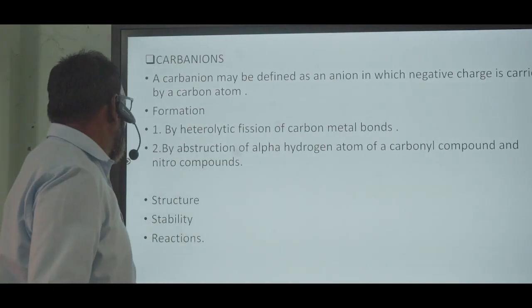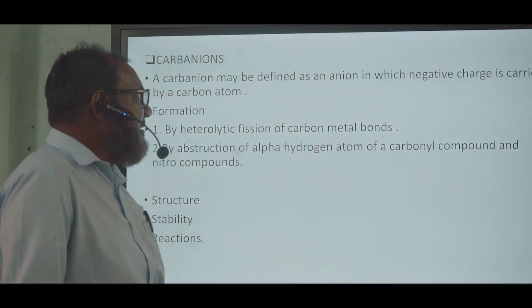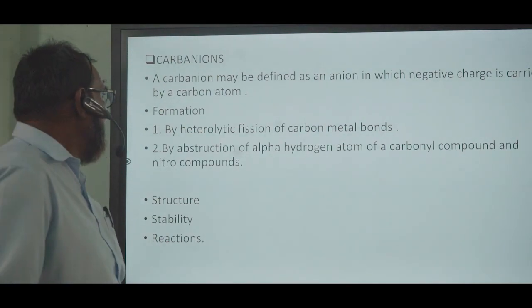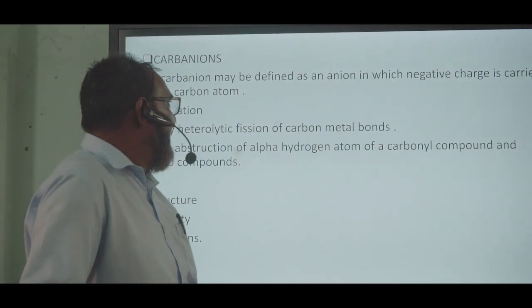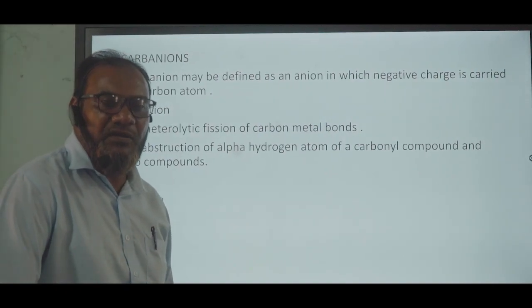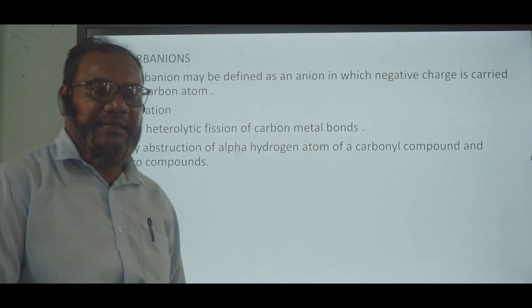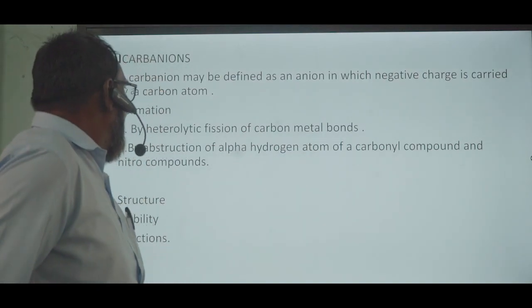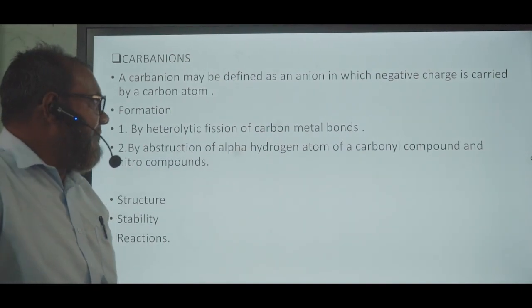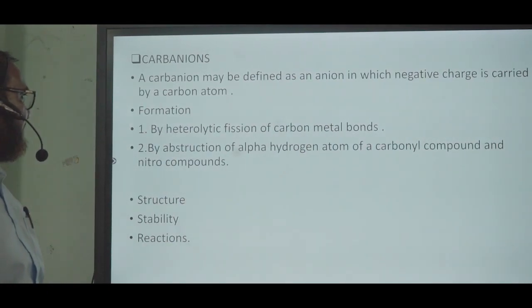Next is carbanions. Carbanions may be defined as an anion in which negative charge is carried by a carbon atom. Now, formation. This carbanion may be formed by heterolytic fission of an organometallic compound such as alkyl lithium or Grignard reagent, or from carbonyl compounds having alpha hydrogen atom, which also produce carbanion.